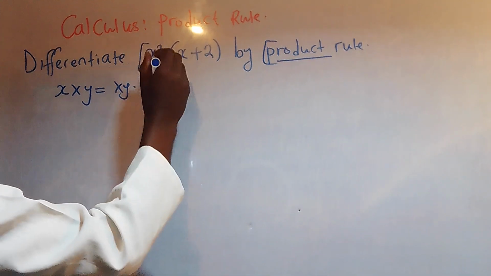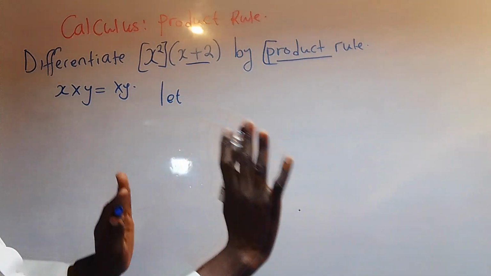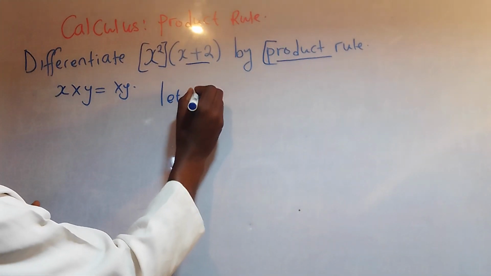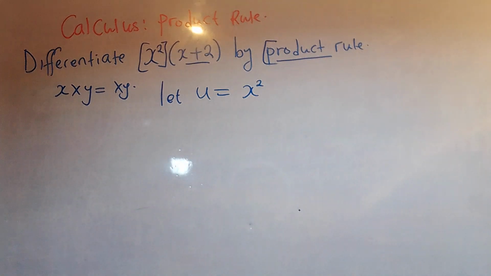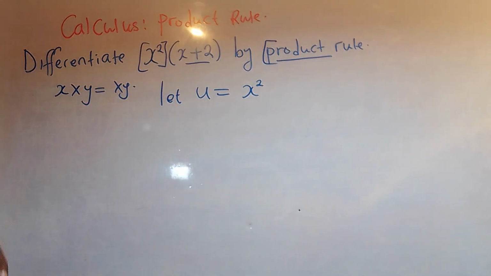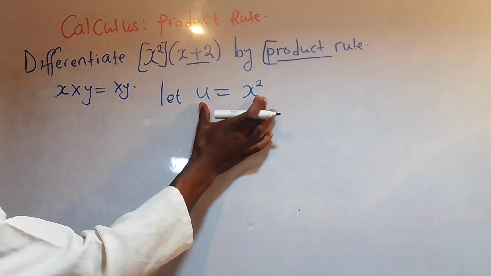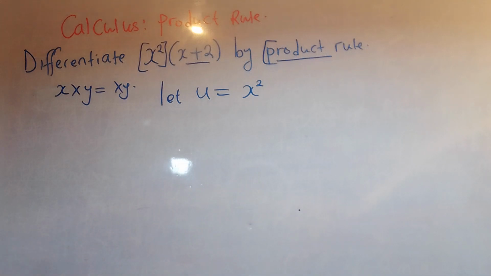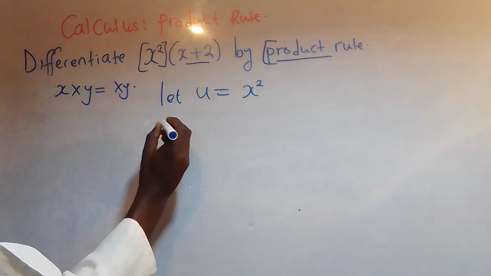So this one will be alone, and this one will be separated. I'm going to say let u equal x squared. Now we can differentiate using the first principle, or rather the normal differentiation.